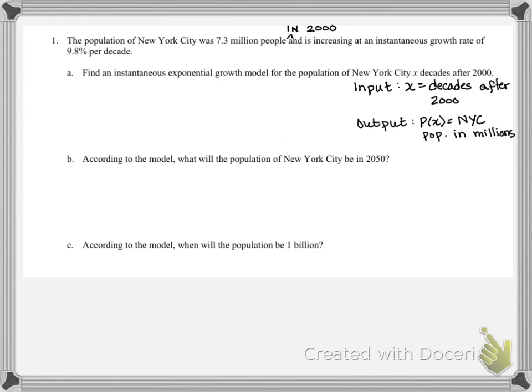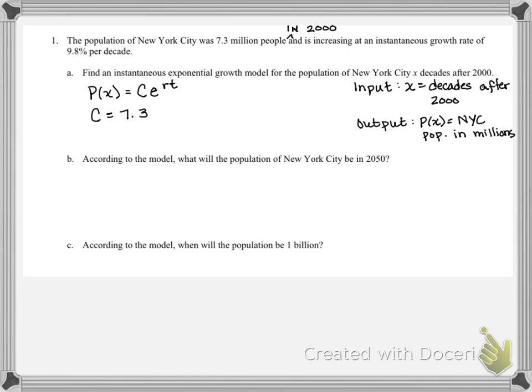Okay. So all I really need for an instantaneous growth model is an initial value and that growth rate. So we have P of X equals C e to the RT, and C is our initial value, corresponding to an X value of 0.